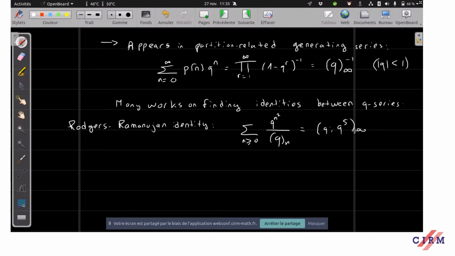Now I need to use the other notation with the a. It's a product like this one, but restricted with a congruence condition on r mod 5: q to the 1, q to the 4, q to the 5.